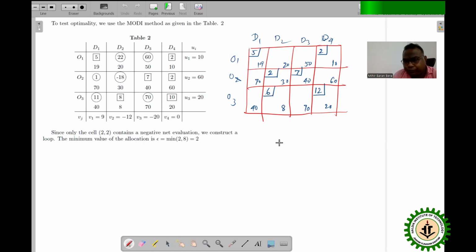So now we are finding out Ui and Vj. So U1, U2, U3, and here it is V1, V2, V3, and V4.